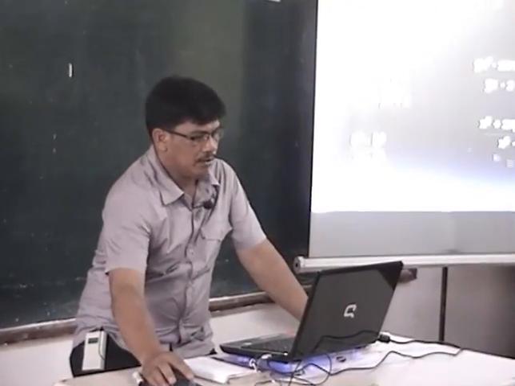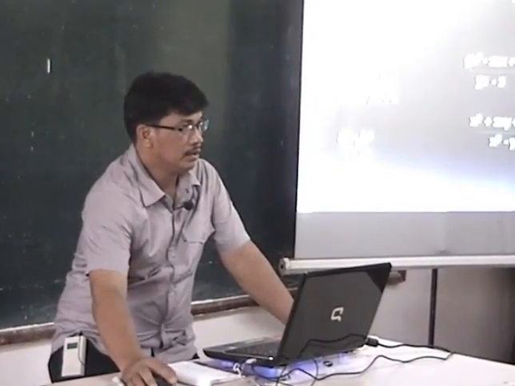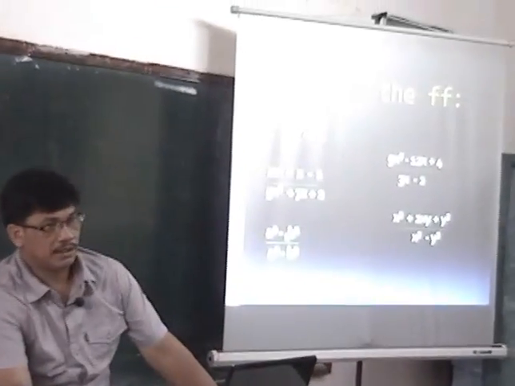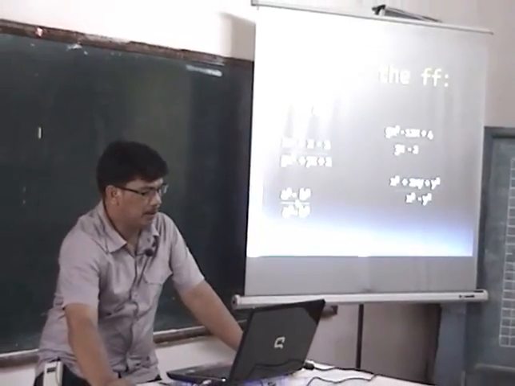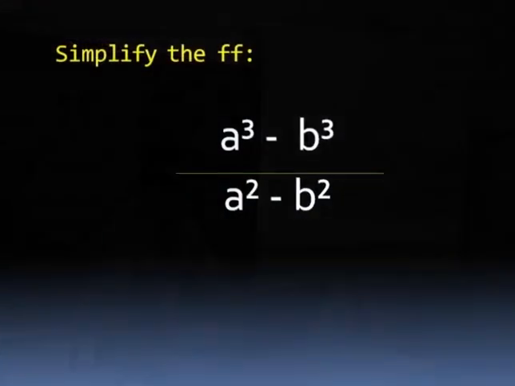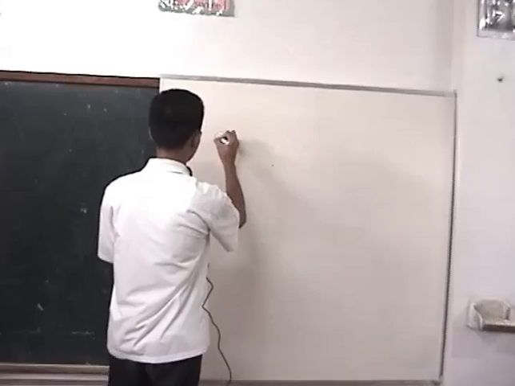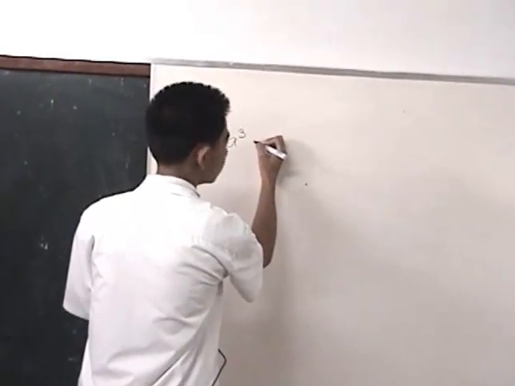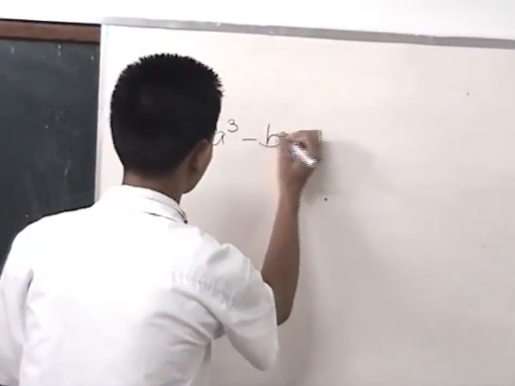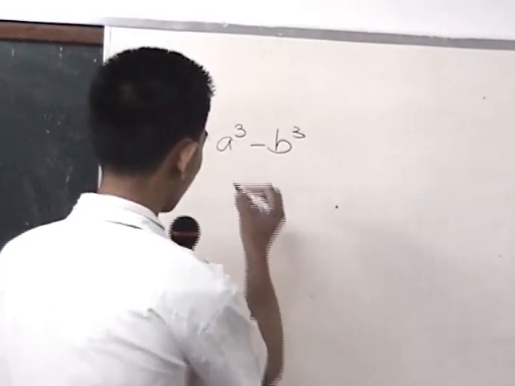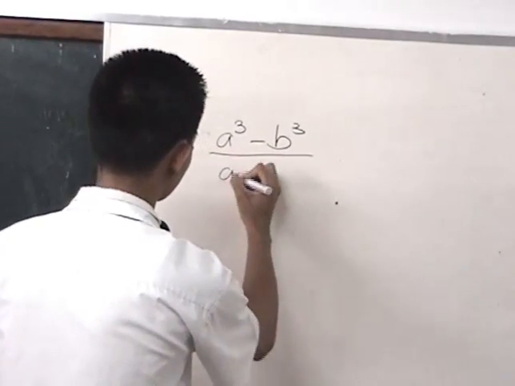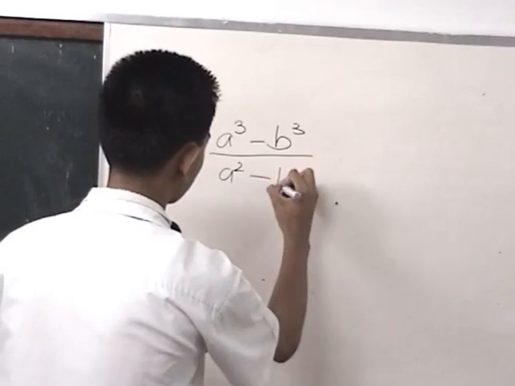So we try now this one. Celis. A cubed minus B cubed and A squared minus B squared. We have the expression a cubed minus b cubed over a squared minus b squared.